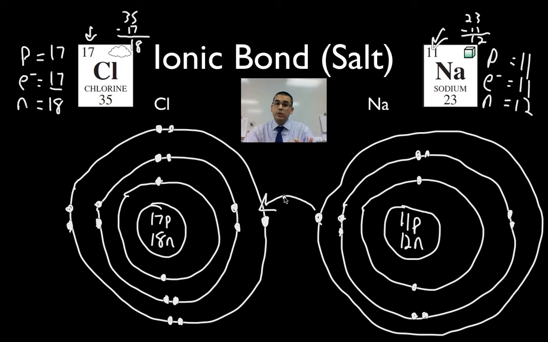And that's why sodium and chlorine bond together so well. An example of an ionic bond. And these two would now be a salt molecule. So it's a very simple process. And this is how ionic bonding works. So it's the moving of 1 electron over to another. So there you have it.